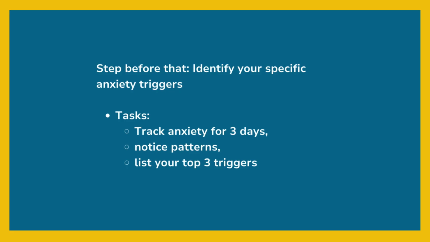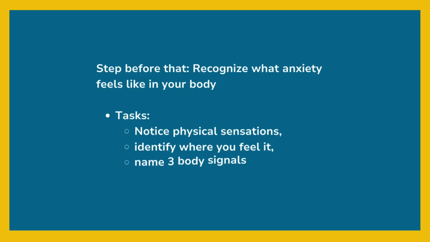And then the step right before they're identifying their anxiety triggers, what might they have to do first? Are we just jumping in to identification, or is there something that needs to happen first? In my experience in helping people with these kinds of courses, recognizing what anxiety feels like in your body is often a first step before identifying specific triggers.